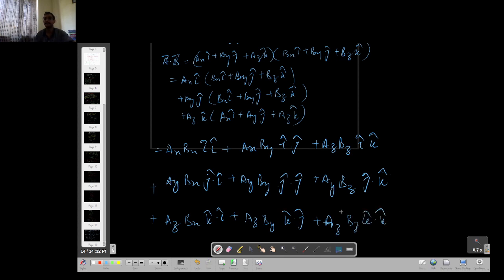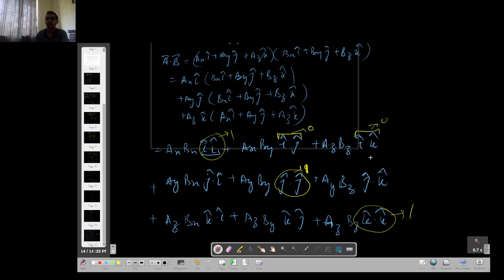AZ BZ k cap dot k cap. Now the angle between i and i will be 0, so its value will be 1. j and j angle will be 0, so cos 0 is 1, and here the angle is also 0, so it's 1. And the angle between i and j will be 90 degrees, so its value will be 0.